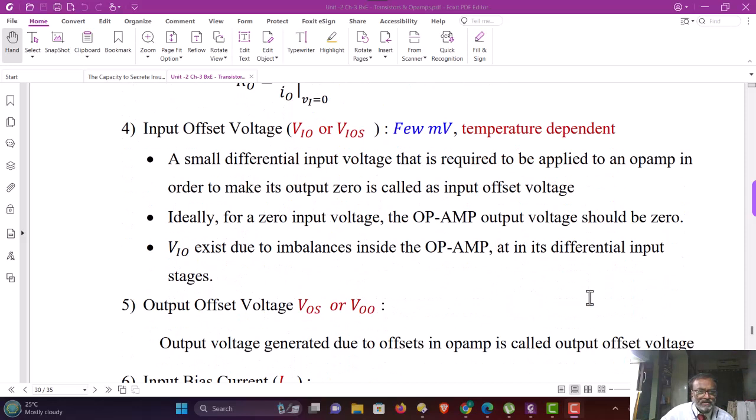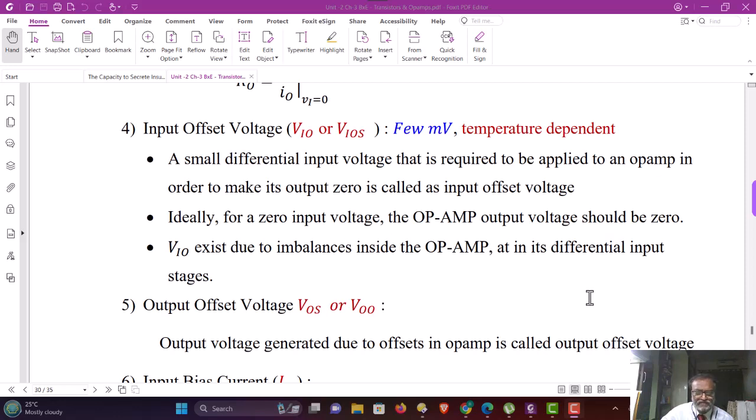Another parameter is input offset voltage, denoted as VIO or VIOS. It is normally a few millivolts. The ideal value for input offset voltage is 0, and it is temperature dependent also. Normally in a practical op-amp, when no input is applied to any of the input terminals, or we can say both the input terminals are grounded, ideally speaking the output of the op-amp should be 0.